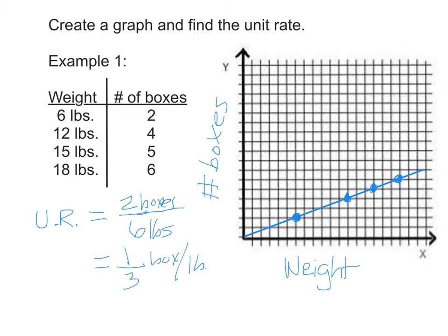Yes and no. If we want to keep strict to the rules about functions and data for things that we will be doing later on in our math learning, we want to always get in the habit of making that second column of our data table our numerator whenever we're doing any kind of ratio, fraction, etc. So we're going to stick with 1/3 of a box per pound.